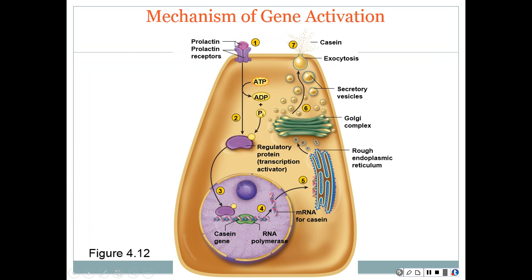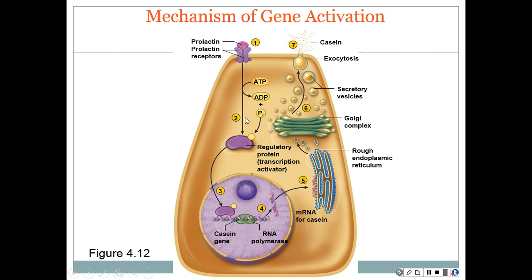So here is the example of what is going on. We have the hormone prolactin, which binds to the receptors on the plasma membrane of the mammary gland. Now the binding of the receptors, what is it going to do?